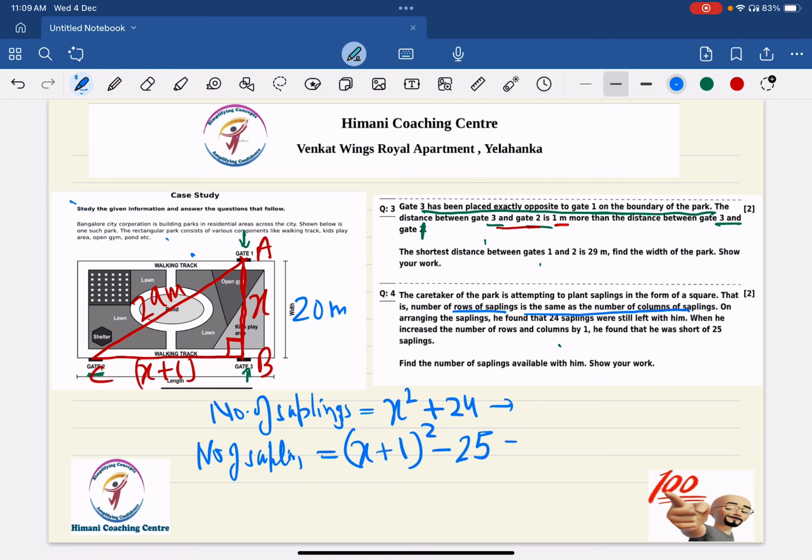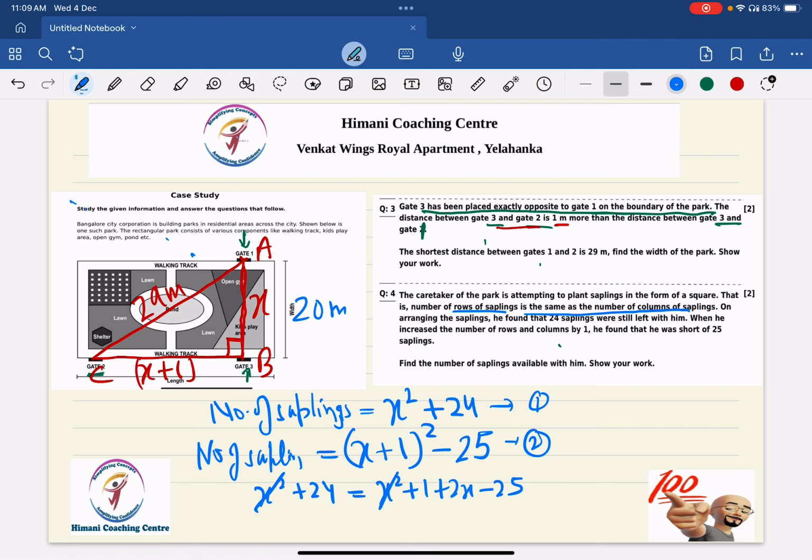Now, both equation 1 and 2 are giving us the number of saplings only. So, let us equate and solve. That is all we have to do here. So, x square plus 24 equals x plus 1 whole square minus 25, which is x square plus 1 plus 2x minus 25. Now, you have x square on both sides that cut each other.